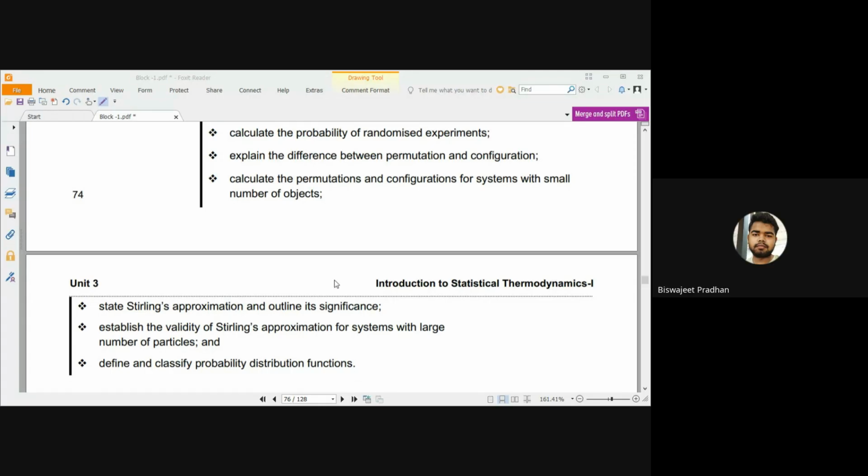Sir, can you please share the previous year's question papers for physical chemistry? The previous year question paper is with me, so I will put it in that group. Actually, one WhatsApp group was created yesterday by the study center, and I will put the questions on that group.